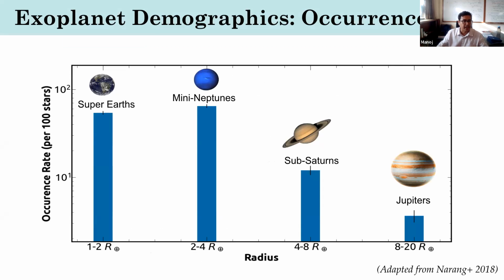So this is the occurrence rate per 100 stars, in a given radius range. 1 to 2 Earth radii, we typically call super Earths, and 2 to 4 Earth radii is mini Neptunes. 4 to 8 Earth radii is the Neptune-Uranus regime, sub-Saturns, and this is the Jupiter, the gas giant regime.